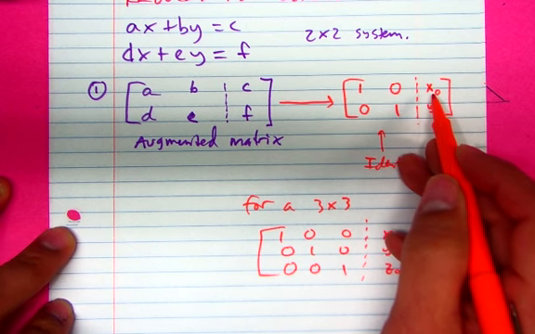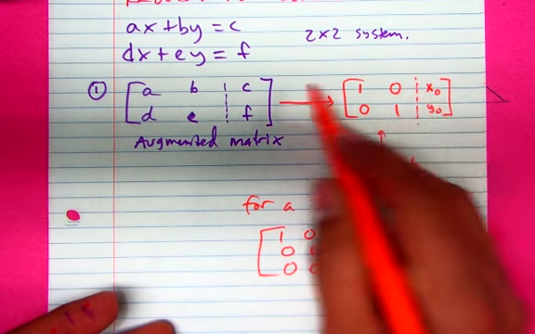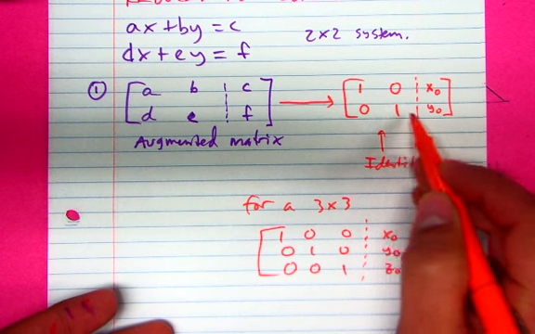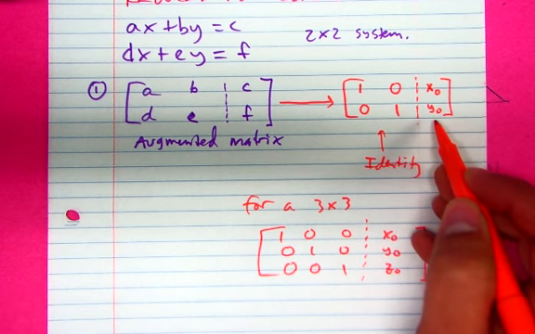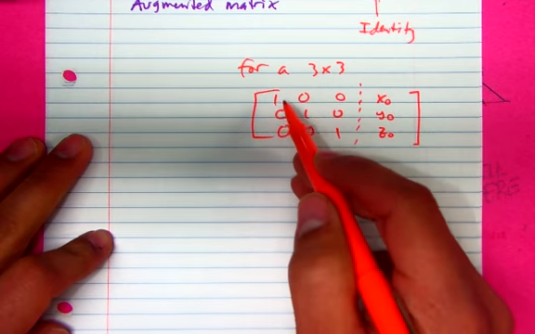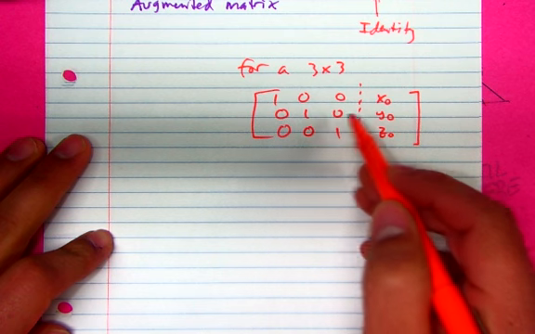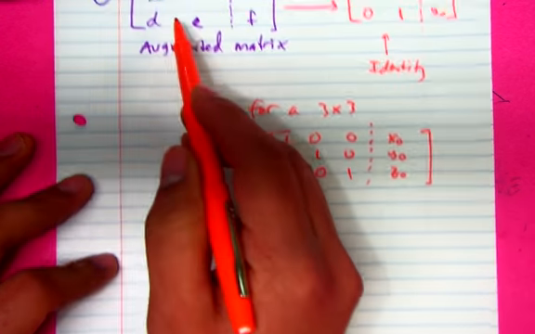So this will translate to whatever this number is, that's our answer for X. X equals whatever that is. And this means that Y would equal whatever this number is. Does that kind of make sense? At least the representation part of it. Yep. And like here, this would mean X is whatever that is, Y is whatever this is, and Z is whatever that is. Now the point is, how do we get from here to here?